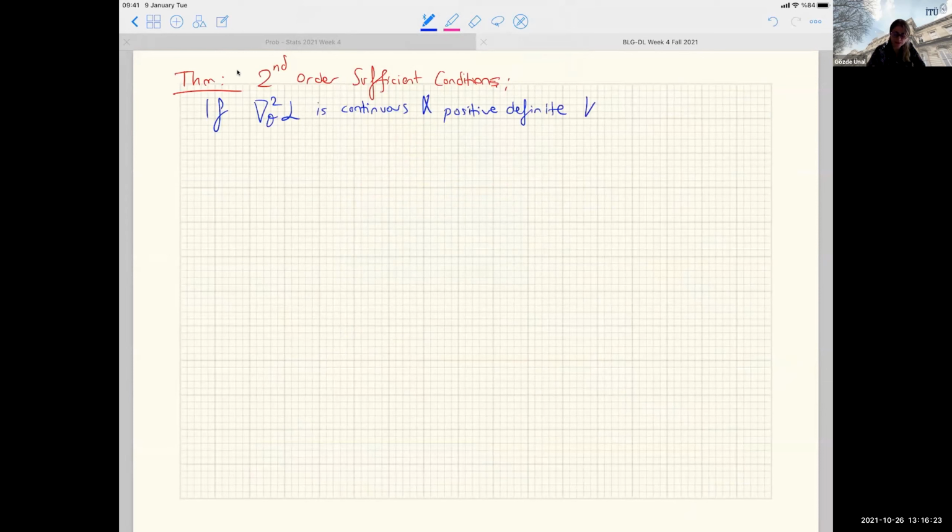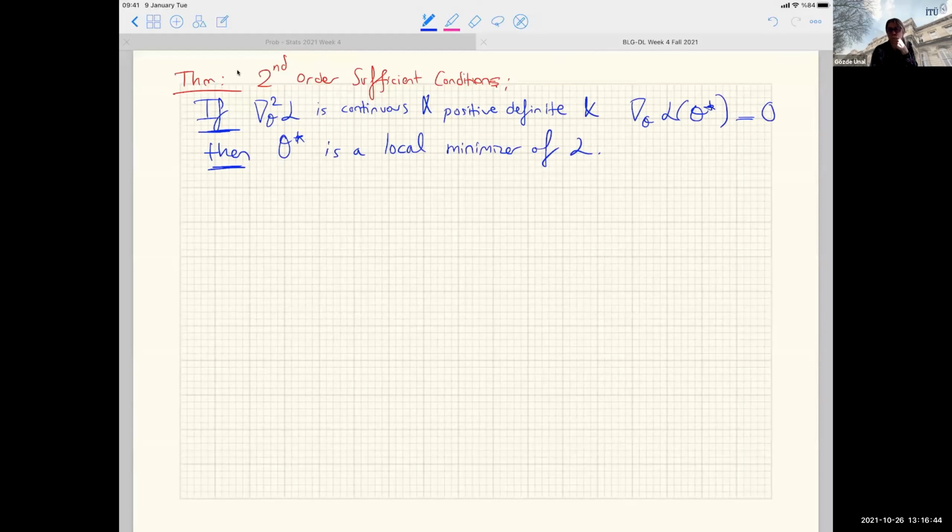Definite. And I have this vanishing gradient. Okay. Then if theta star is a local minimizer of L, sorry, minimizer of L, okay, so therefore the sufficient condition and the necessary condition are met.